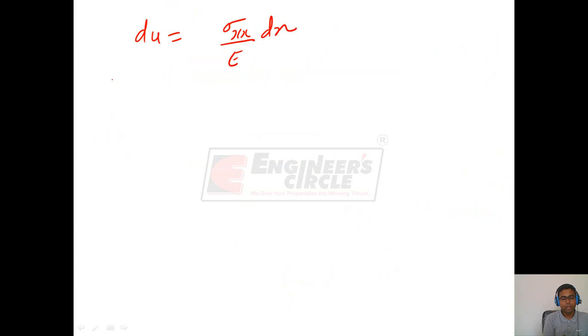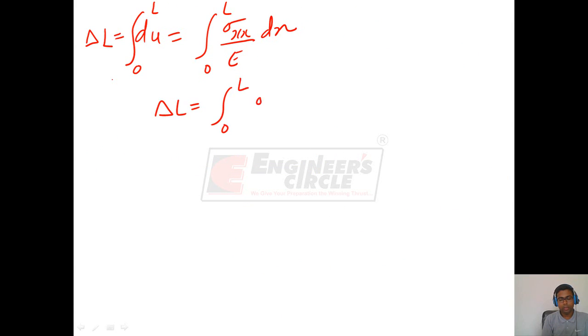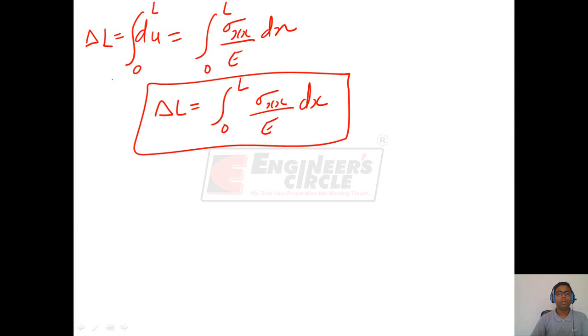To get the total elongation of this bar, that is total change in length, we need to integrate du from 0 to L. Therefore, we get total elongation in bar as integration from 0 to L of sigma xx by E into dx.